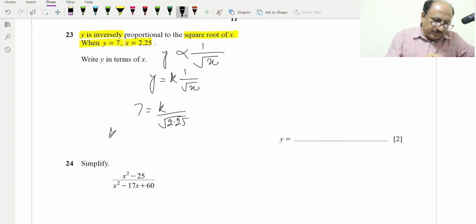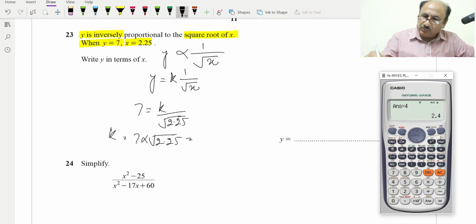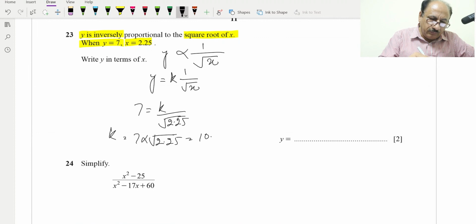So this implies k is equal to 7 multiplied by the square root of 2.25, and this is equal to 10.5. So k is 10.5.